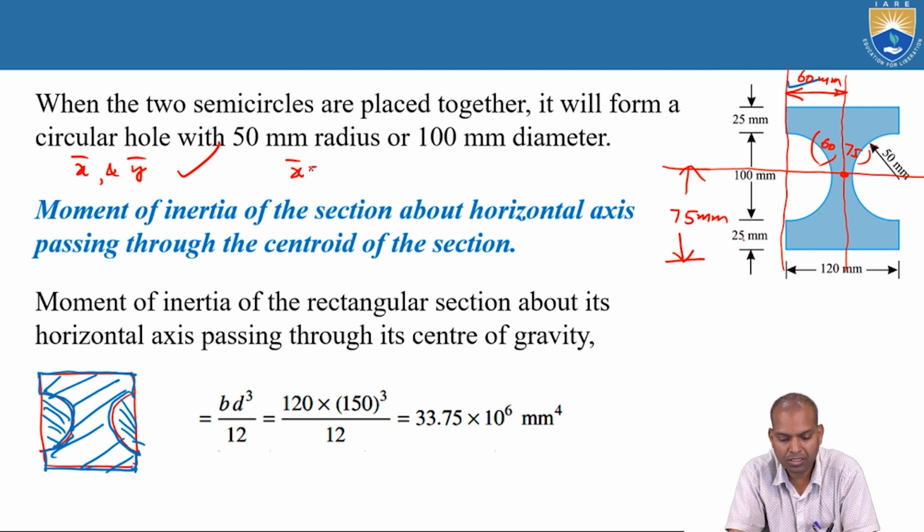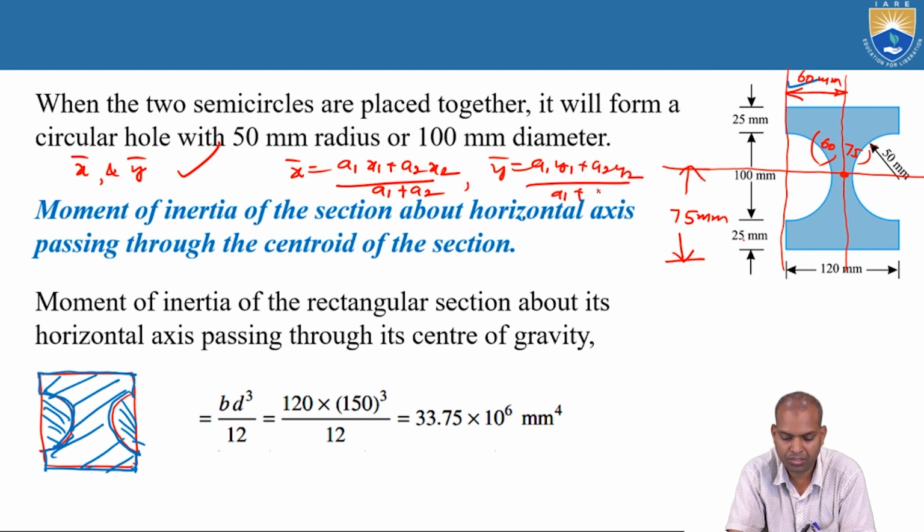Bar x equal to a1 x1 plus a2 x2 by a1 plus a2, and bar y equal to a1 y1 plus a2 y2 by a1 plus a2, provided for solid sections.